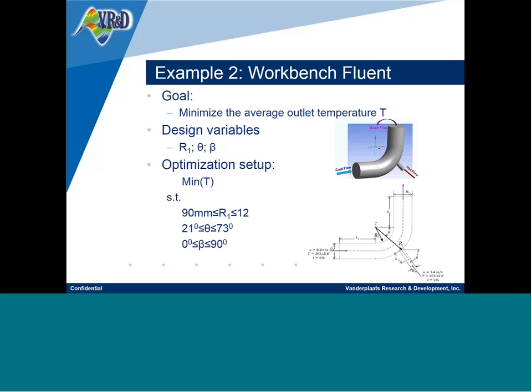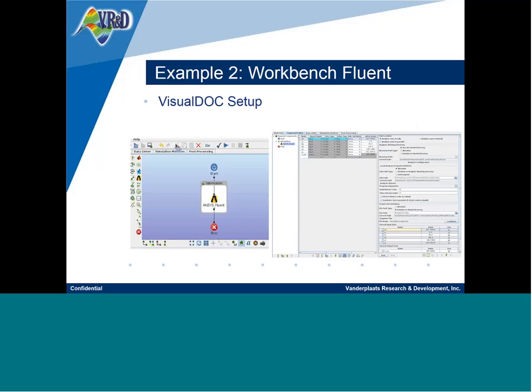The objective is to minimize the average outlet temperature at the outlet. The design variables are the radius of the torus and the angles theta and beta. These are unconstrained optimization problems.